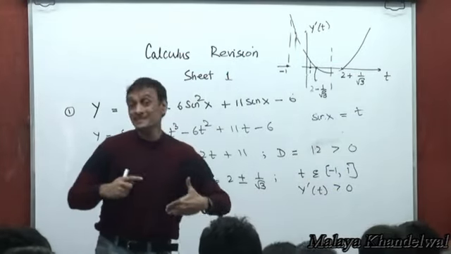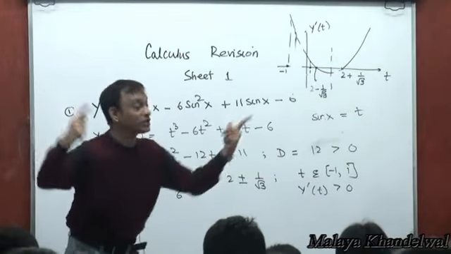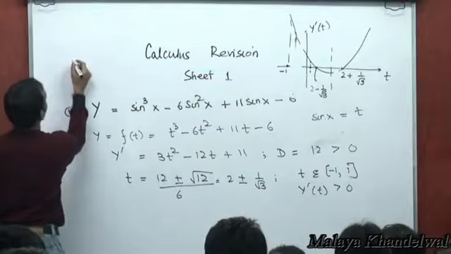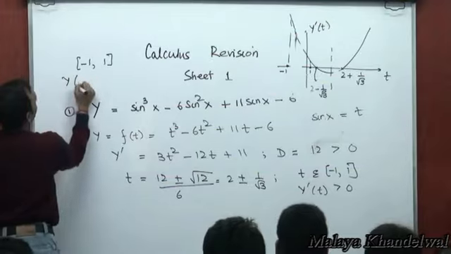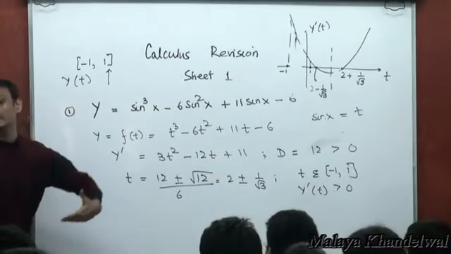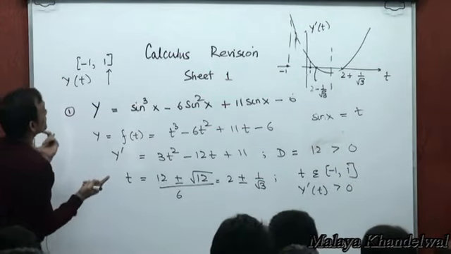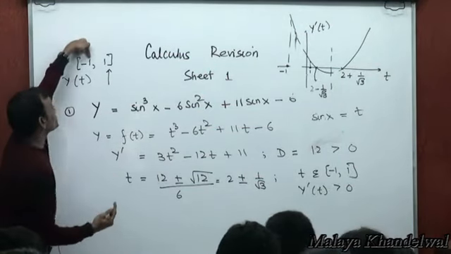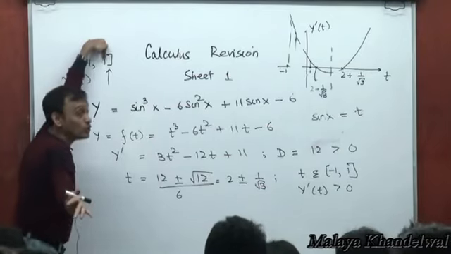That means in this interval, y t is an increasing function of t. So in the interval minus 1 to 1, y t increases monotonically, right? And therefore, if it's increasing monotonically, it assumes the least value at minus 1 and the largest value at t equal to plus 1.